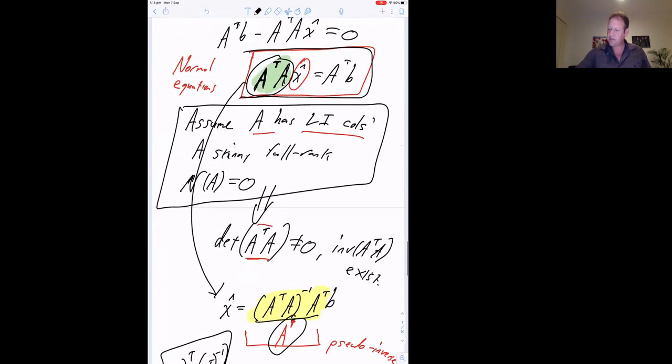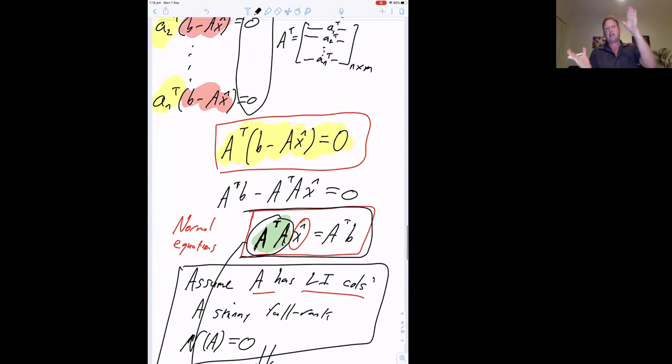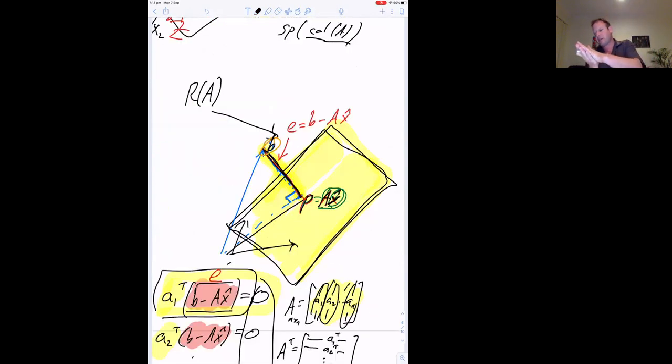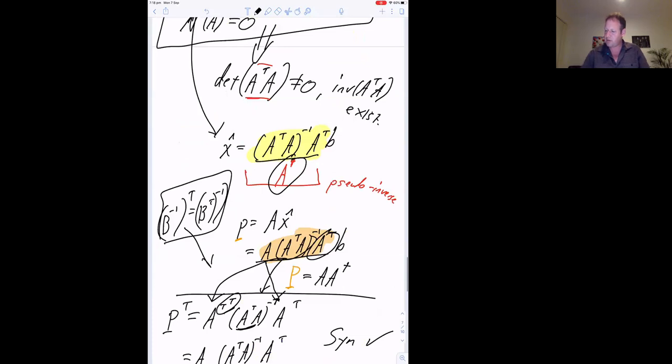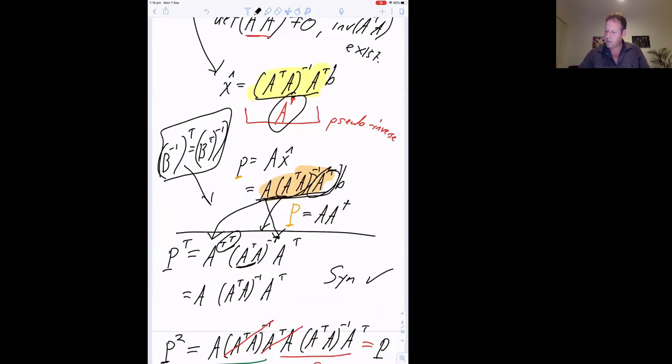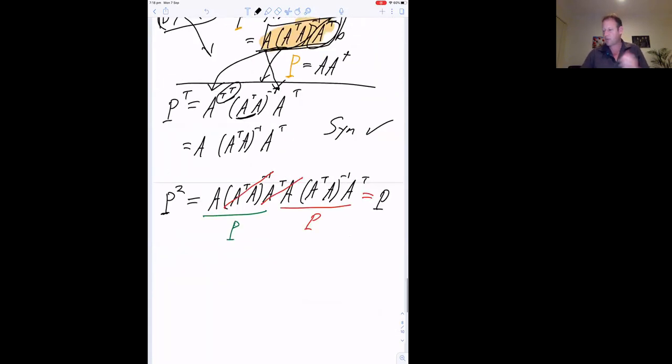That makes sense that P squared is P, because the projection matrix took the vector B and projected it onto the subspace. If you project it again, it doesn't move. Projection is a linear operation on the vector B. Project twice, it doesn't matter. Project 70 times, what's P to the power 129?